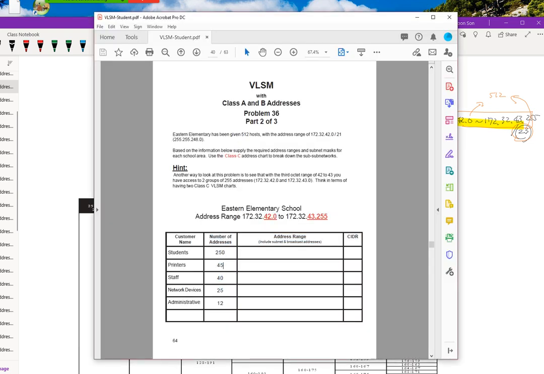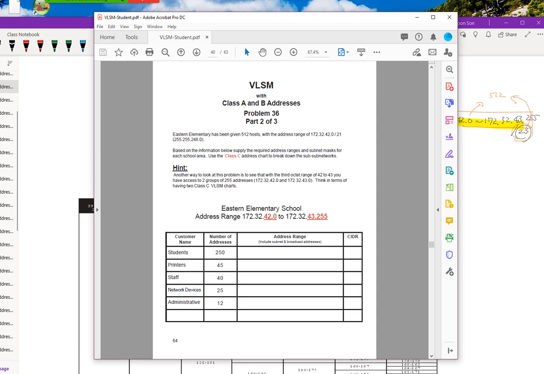And this is the requirement. The first one is a student network, which requires 250, and so on. By looking at these numbers, 250, 45, 40, 25, 12, we know that we have to use a class C chart.